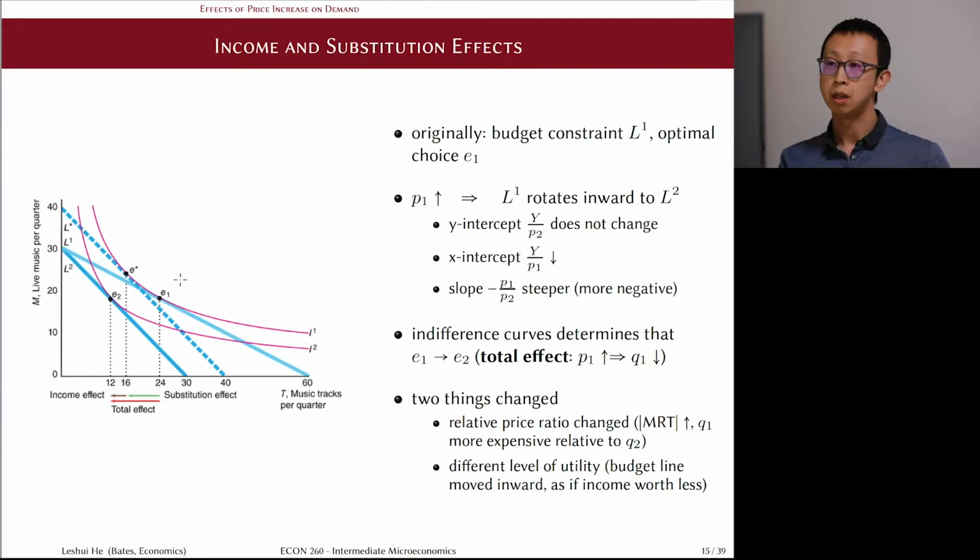And then, the second step can be seen as a shift from E star down to E2, where the utility level decreased from the indifference curve at I1 down to the utility level represented by indifference curve labeled as I2. This is a very useful decomposition for intuitive reasoning and for technical purposes. And now let me explain these two effects separately in more detail.